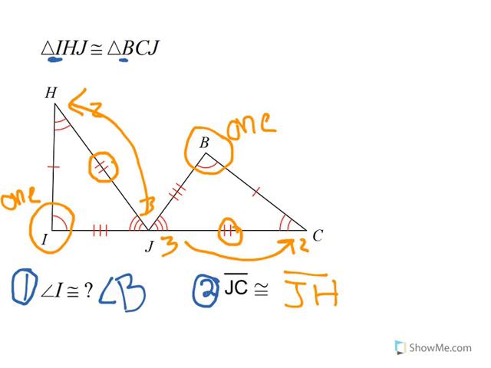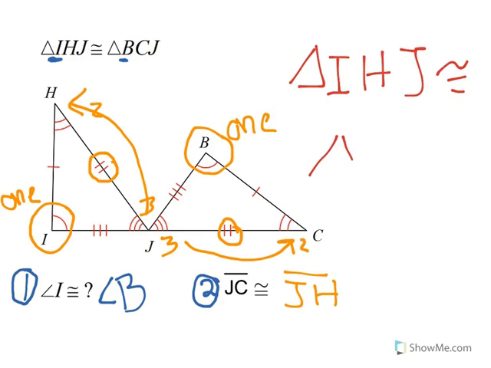Or you could look at the congruence statement, where we have triangle IHJ congruent to triangle BCJ. If I want what would be congruent to JC, so JC goes from here to here, then you would do the same exact movement in your first triangle. So from J to H would be what we have, and that is what we have right here.